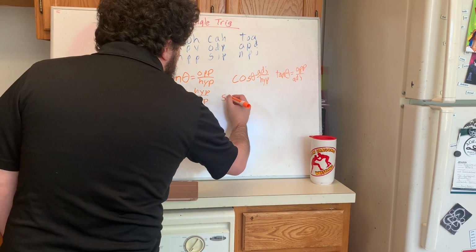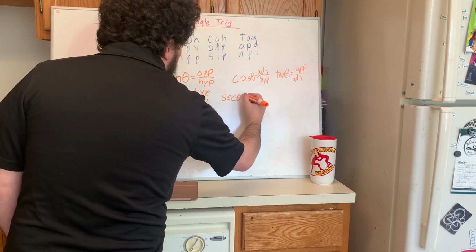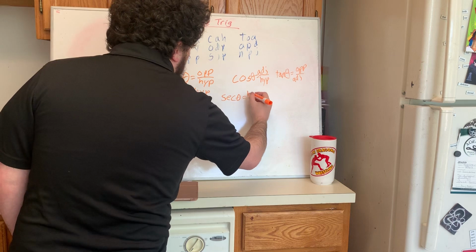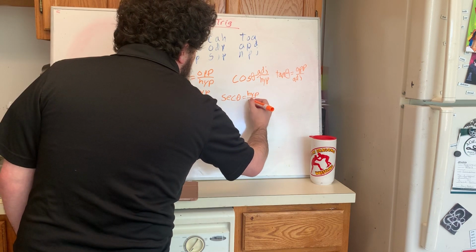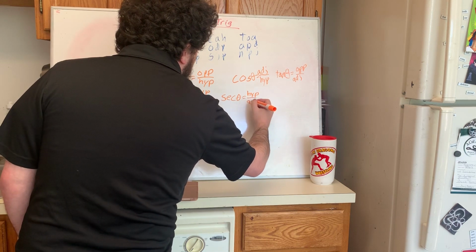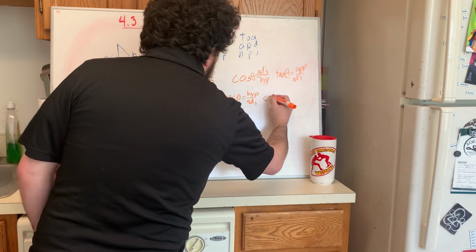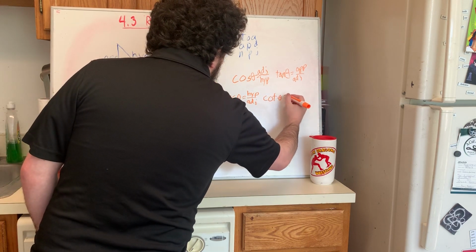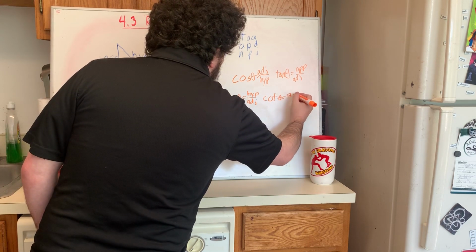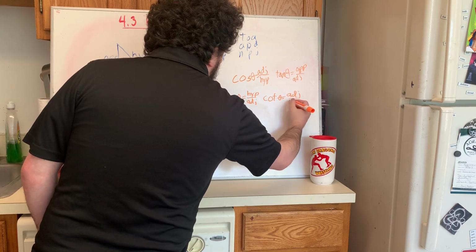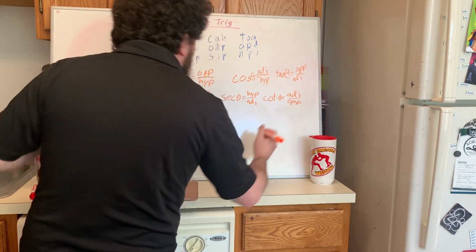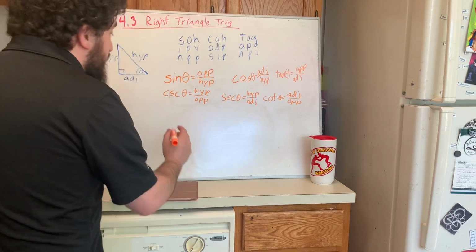Then we'll have secant, which is hypotenuse over adjacent. And then finally we have cotangent, which is adjacent over opposite.